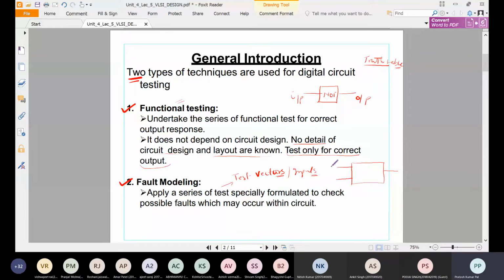If we provide the input 0 1, what is the output, and is it the correct output or not? If it is not providing the correct output, then what type of fault could be there inside the circuit is governed by fault modeling. So fault modeling basically specifies the possible types of faults that could be there in the circuit.